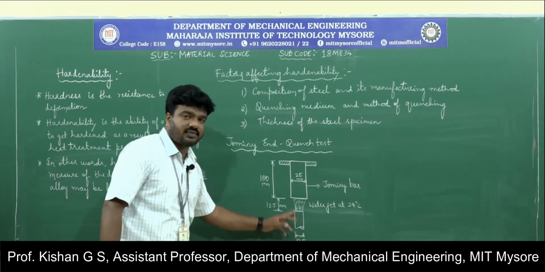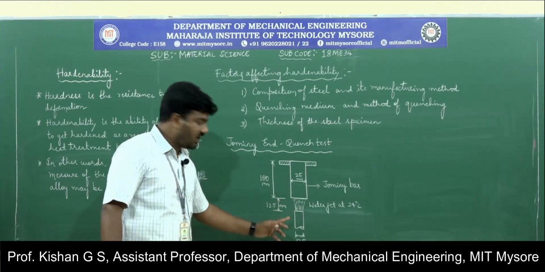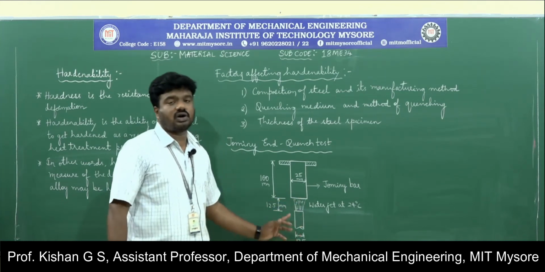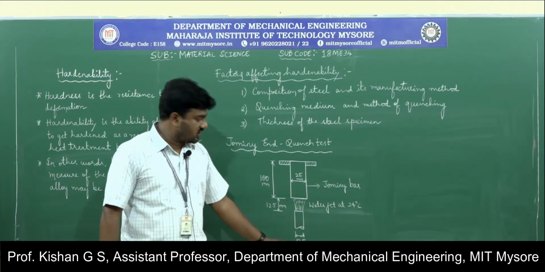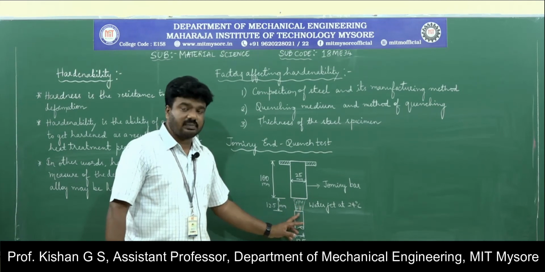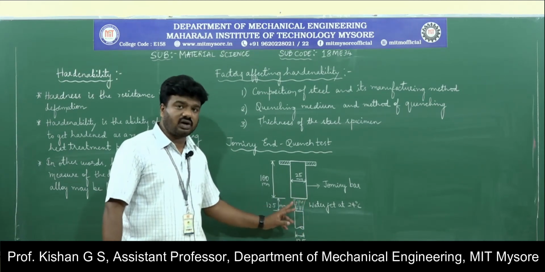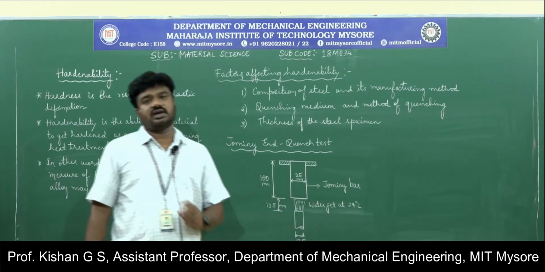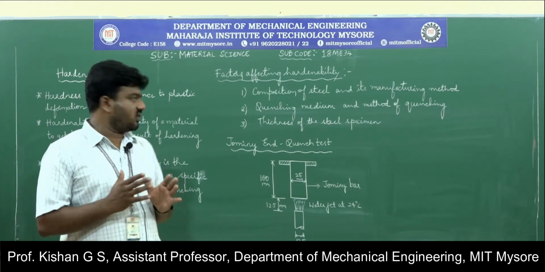The diameter of the opening for the water jet is 12.5 millimeter, and the water hitting the Jominy bar on one end is at 24 degrees Celsius. So this is the standard dimension for the Jominy end quench test.